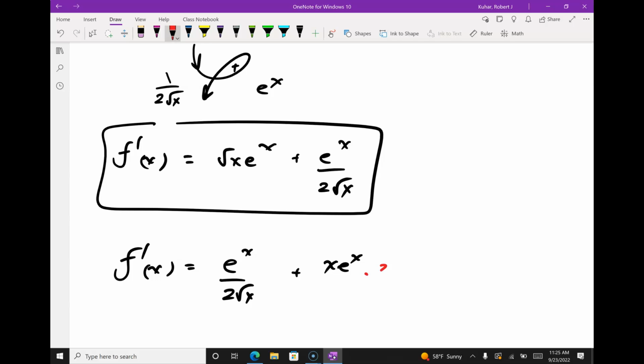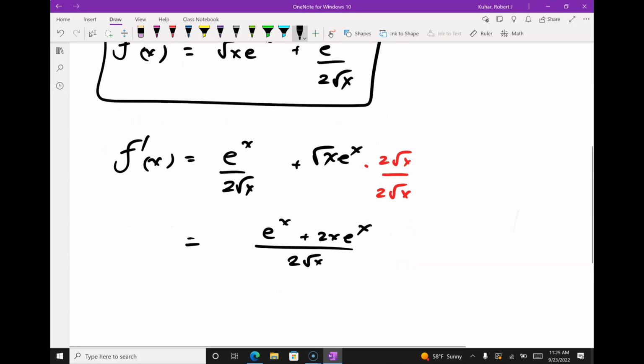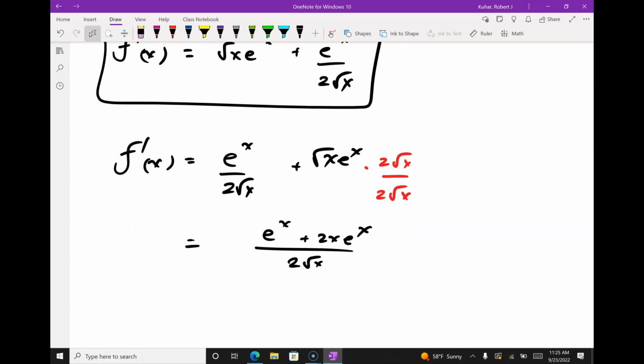So I'm going to multiply this by rad x over 2 rad x. Sorry, that's a rad x there. So now I have a downstairs of 2 rad x, and upstairs I have e to the x plus 2x e to the x. Still not quite where I want it, because I can do what upstairs?